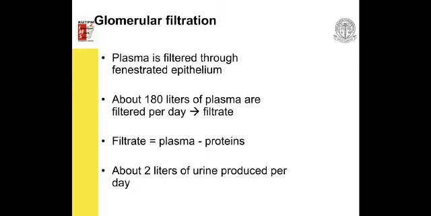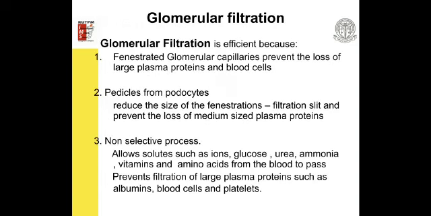The filtrate is called ultrafiltrate. The filtrate resembles plasma except for the absence of proteins. It's filtered through the fenestrated epithelium. About 180 liters of plasma are filtered to form the glomerular filtrate. The filtrate is nothing but plasma without the proteins, and about 2 liters of urine are produced per day.